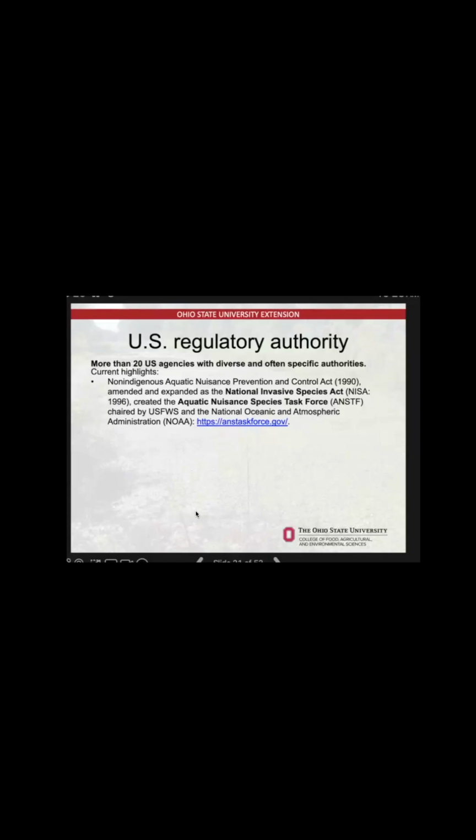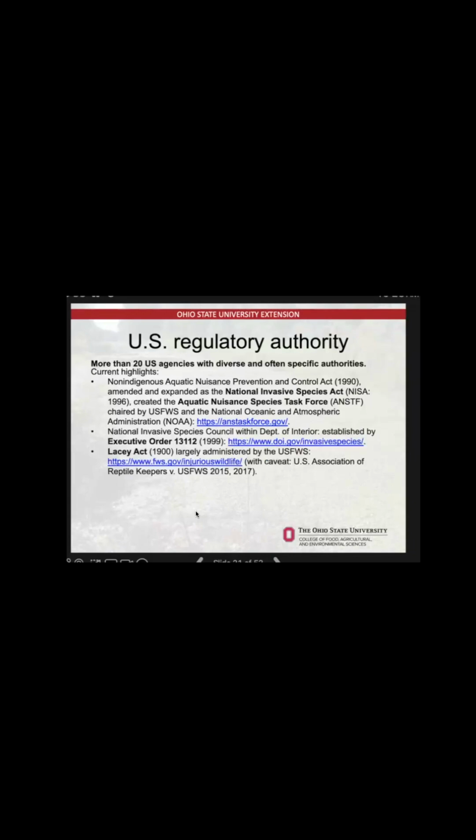There are others, like the executive order that I've already discussed. The Lacey Act, which was a really big one, lists organisms, animals, as injurious. And it used to forbid interstate transport of those organisms, but that was kind of de-toothed by a lawsuit.